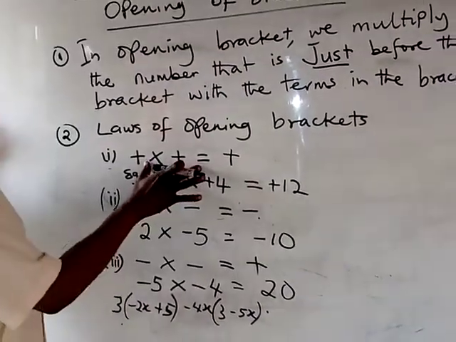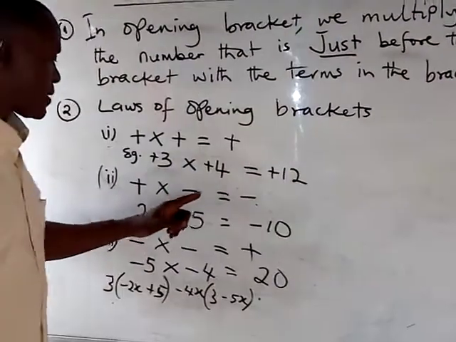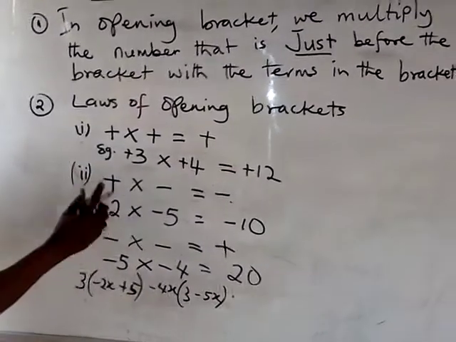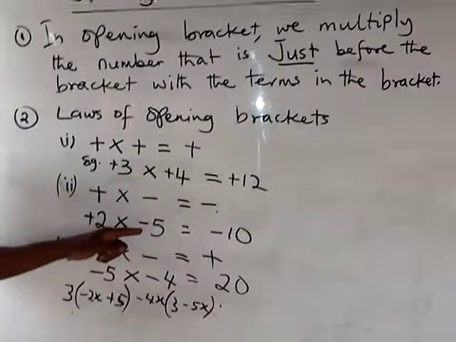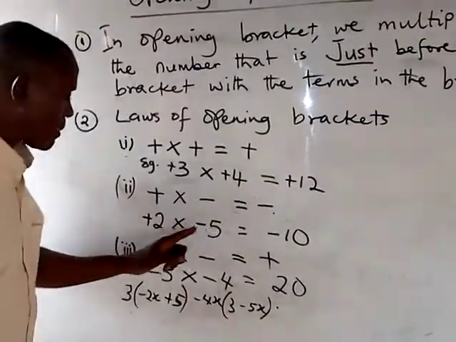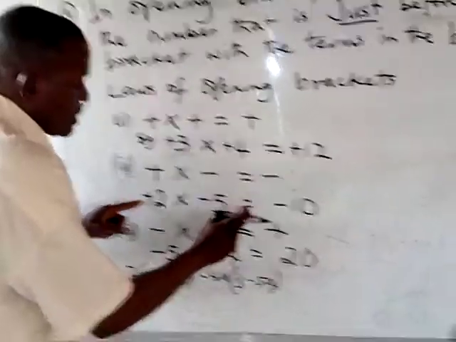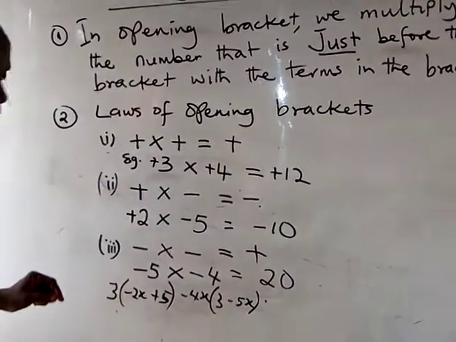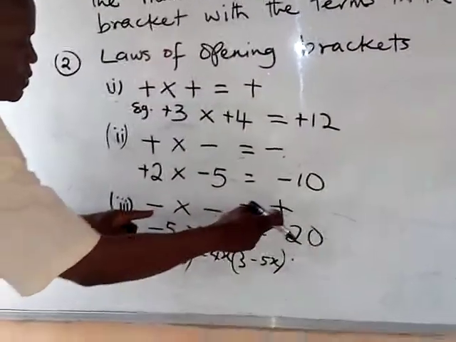So it justifies this. Number two, plus times minus is equal to minus. That is, if I have 2, a positive number, times 5, this 5 is a negative number. 2 times minus 5 shows plus times minus is equal to minus. It justifies point 2. Let's go to point 3. Minus times minus is equal to plus.